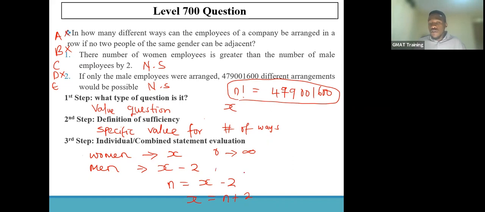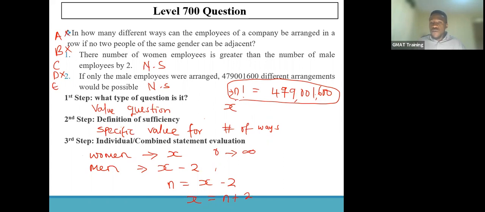From that, we can tell that there is a way of finding the specific number of ways of arranging the employees of this particular company, because we can get n from this operation. Of course, it's not practical in the exam, but in understanding, you can tell that this value of n is a value that you can get if you are to do the computation.